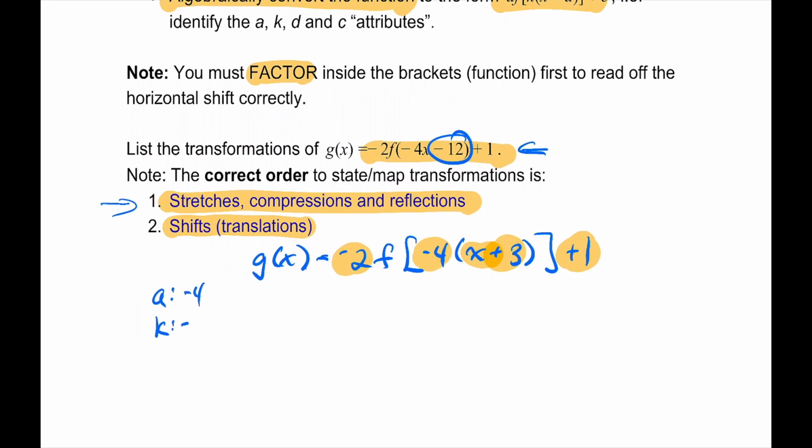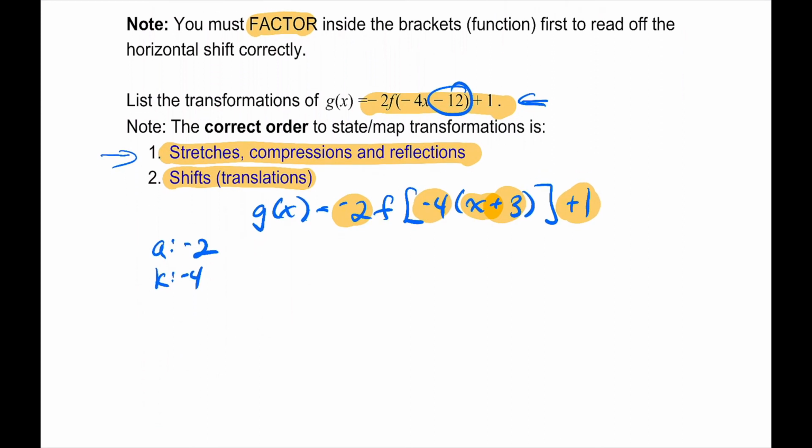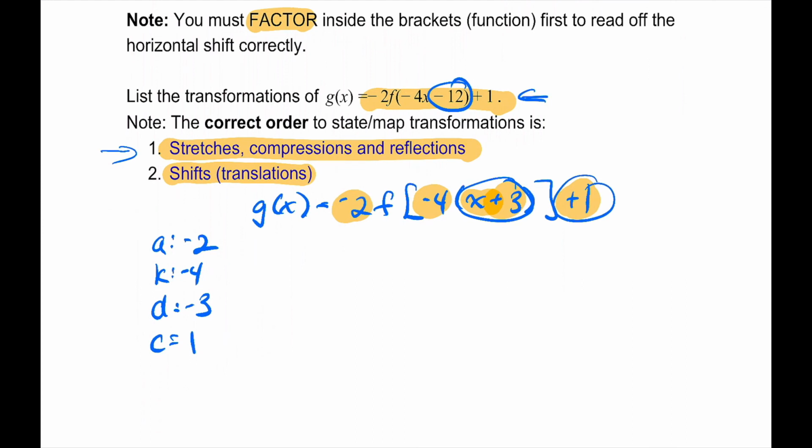So I guess the k is also negative 4. Oops, I sort of misread that. A is not negative 4, a is negative 2. Jumping the gun there. My d value, so I'll stay inside my function here. Again, what makes that 0? That's going to be negative 3. And then my c value is my outside, what's being added or subtracted on the outside, and that's going to be a 1.